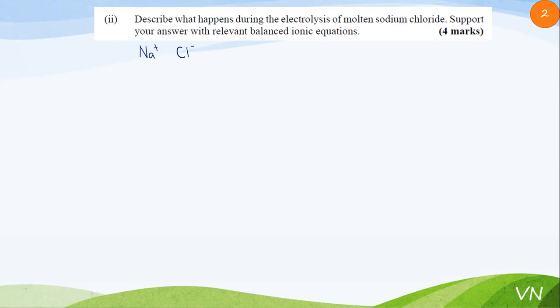So now we can go ahead and talk about what is going to happen during the electrolysis of molten sodium chloride. At the cathode, which ion is going to be discharged? Good, so we have that the sodium ions discharge.